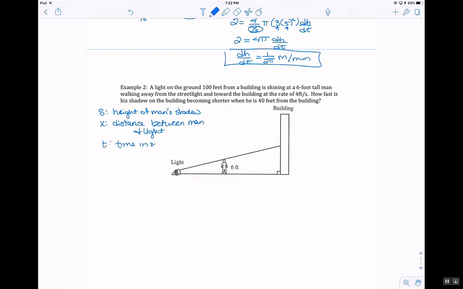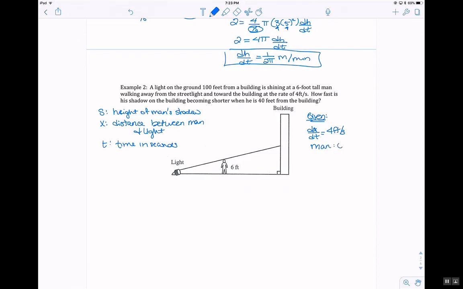And then let T be the time in seconds. We are given dx dt, not dv dt, sorry, dx dt is equal to 4 feet per second.